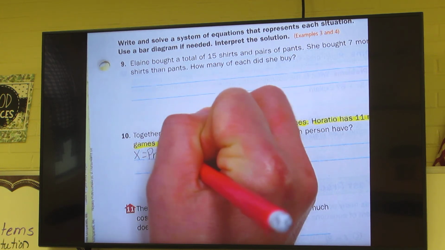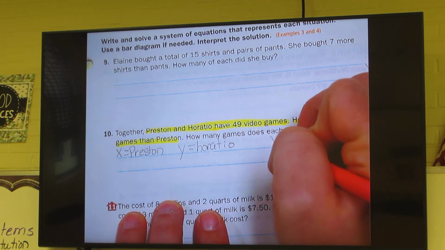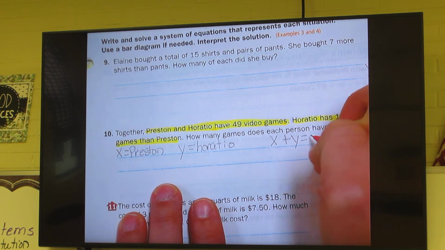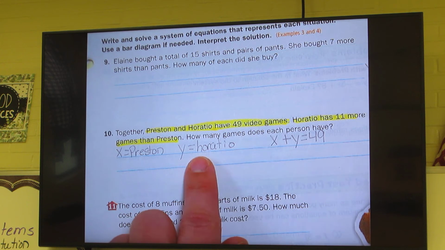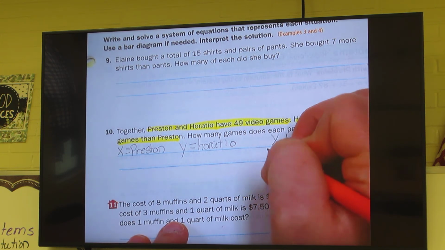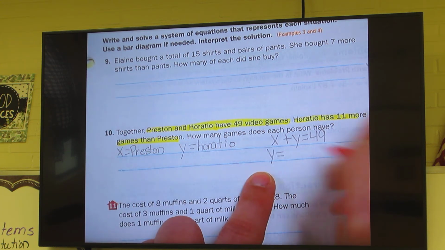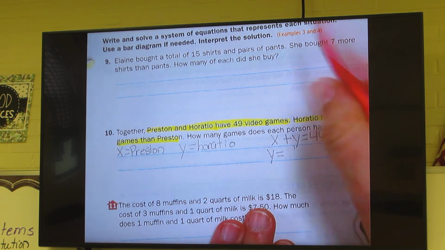Now, the way we write this first sentence, that they total together have 49 games, well, x, which is how many Preston has, plus y, how many Horatio has, equals 49. Now, Horatio has more, so y equals 11 more games than Preston. So more than is tricky, so you do I'm going to do a P, but not P. X is for Preston.